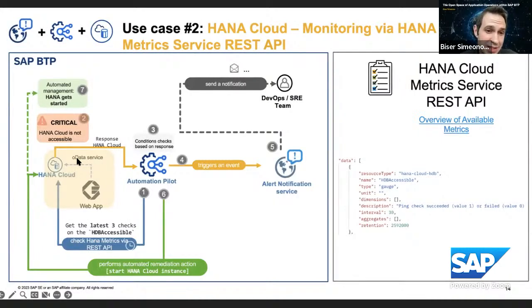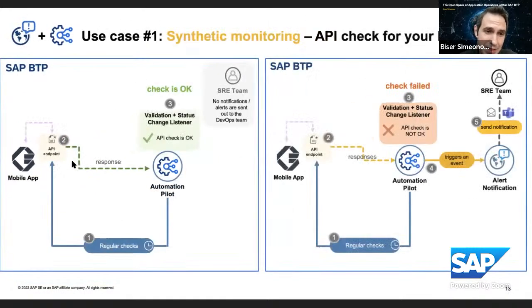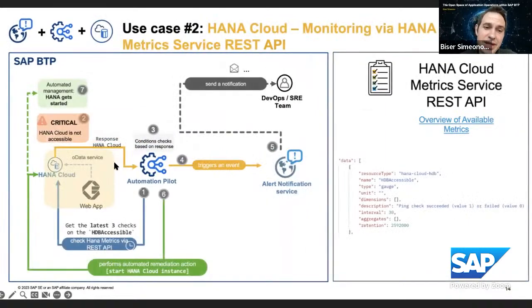What was interesting from my perspective was that, in addition to the API endpoint checks and responses that we were validating the previous time, I was wondering, if we are building a web application that consumes that OData service, how can we make sure that your HANA Cloud is available?